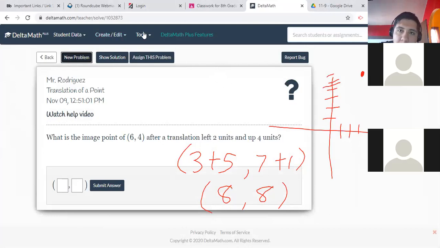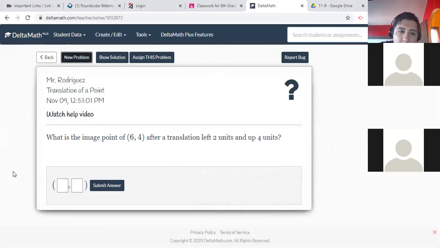So what about this one? We're translating 2 units to the left and we're going up by 4 units. So what are we going to do to our X? -2. We're going to subtract 2.